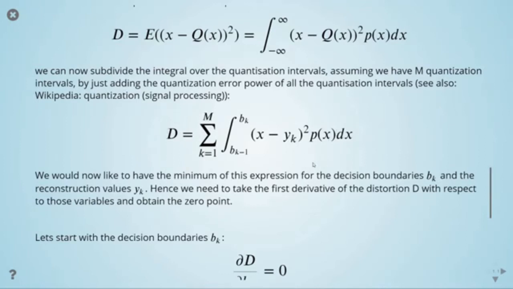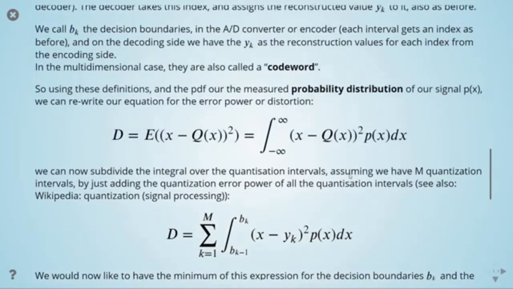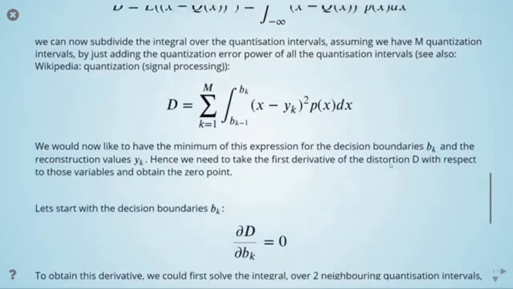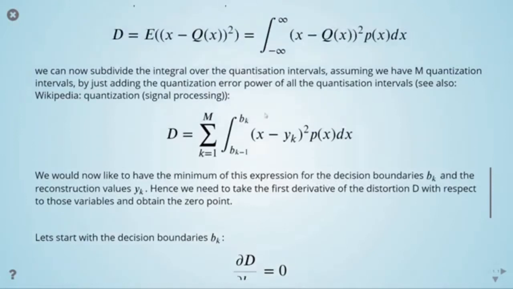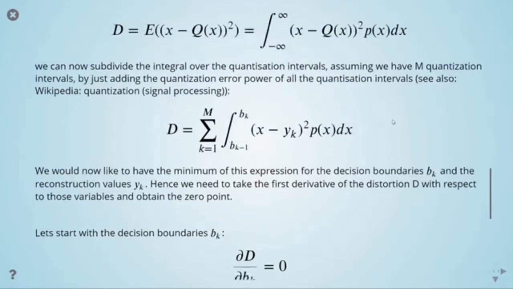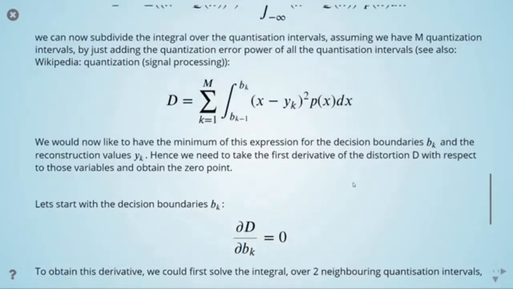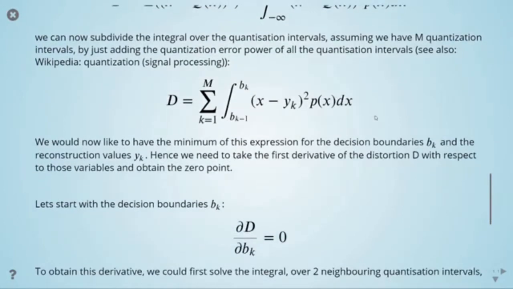This is the expectation of the quantization error, so it's the quantization error power, and we will take the first derivative of this equation and then obtain the zero point. So we have d, and we'll have to do this for the b of k, the decision boundaries, and the y of k, the reconstruction values.